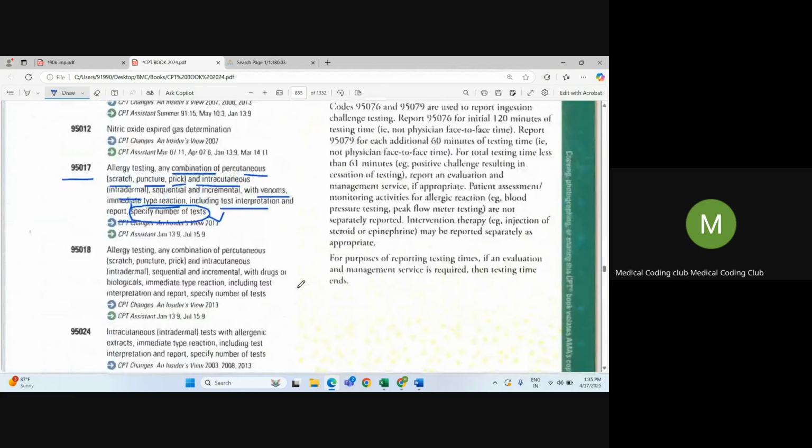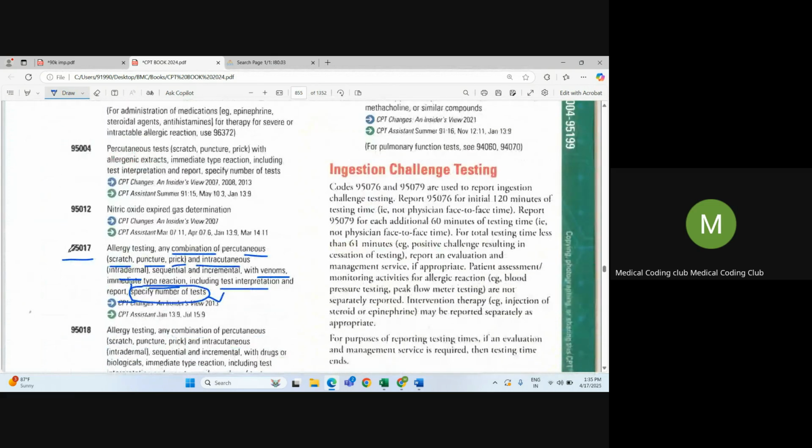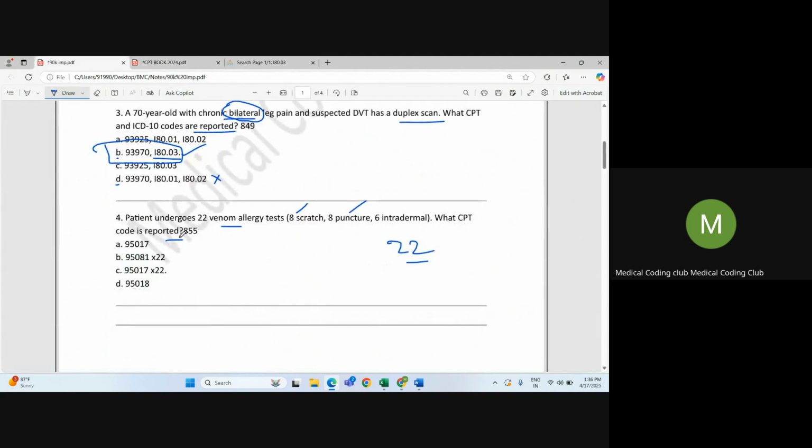Okay, the correct answer is 95017. Since it includes all, you can just give units. You can specify the number of tests. So total 22 tests. 95017 with 22 units you can give. Okay, so any discrepancy, let me know in the comment. Option C is correct.